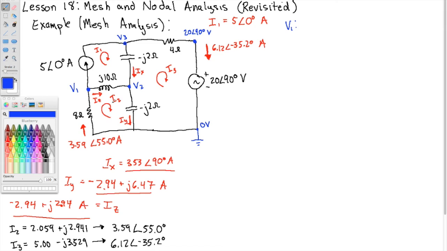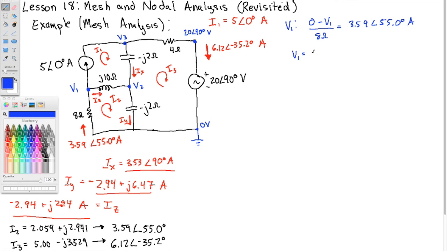So in the direction of current, I've got 0 volts minus V1, divided by 8 ohms, has to be the current, 3.59 angle 55.0 degrees amps. So if I want V1, I need to multiply by 8 ohms angle 180 degrees, because I've got this minus sign there.